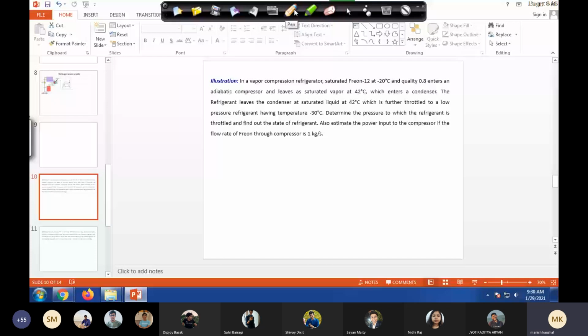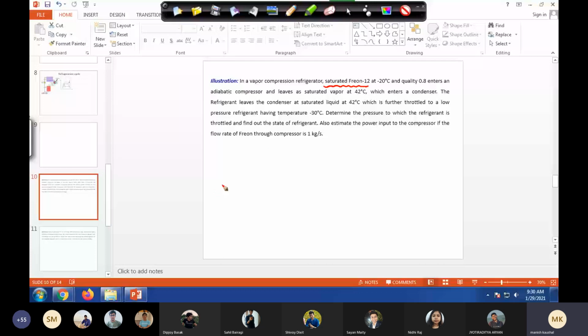In a vapor compression refrigerator, we have saturated Freon as the liquid. I don't know what real fluid is used in refrigerators these days. You can check it, just as knowledge. In an interview, one can ask, you are a chemical engineer, do you know which refrigerant is generally used or recommended these days? Because maybe that liquid is not environmentally friendly.